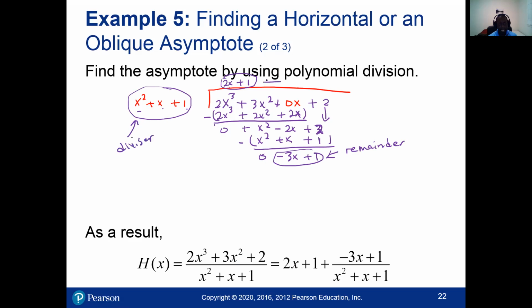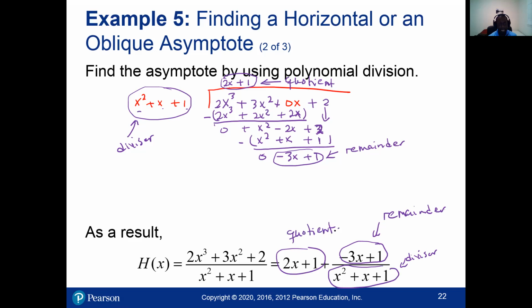This is the quotient. So you see that this is my quotient. This is my remainder. The numerator there is your remainder. And then that's the divisor. And this is your quotient.